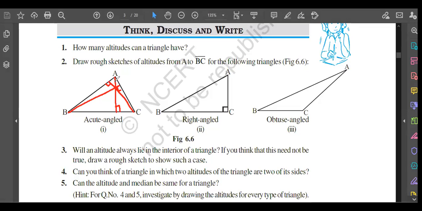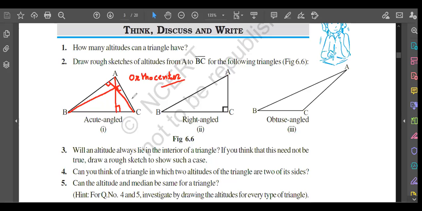Now just think about this. These all are your altitudes, right? Now, this is a point at which all the altitudes are meeting. So I can say that the point at which all the altitudes meet is called the orthocenter.